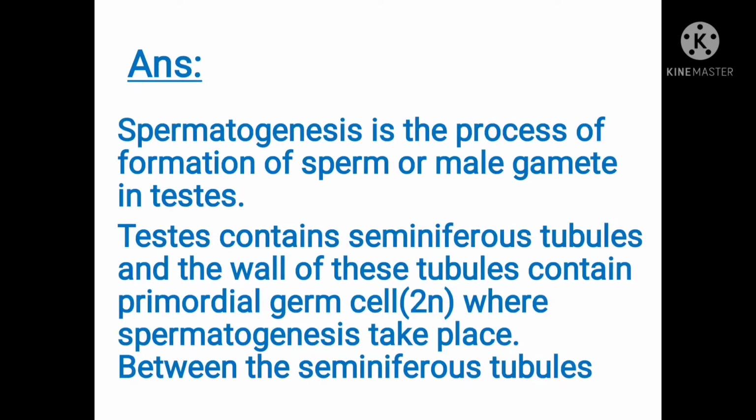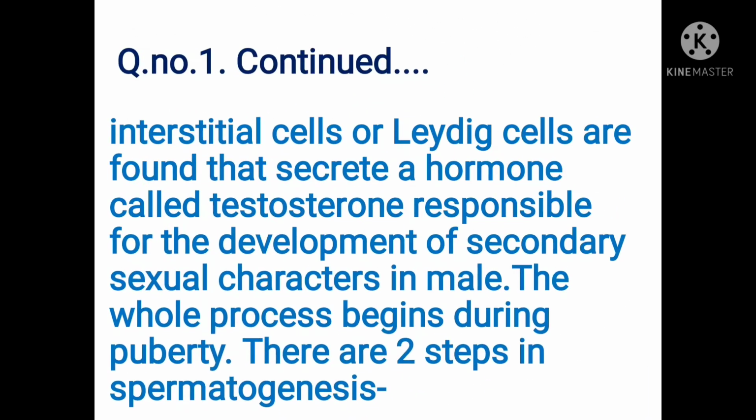Between the seminiferous tubules, interstitial cells or Leydig cells are found that secrete a hormone called testosterone, responsible for the development of secondary sexual characters in male. The whole process begins during puberty.